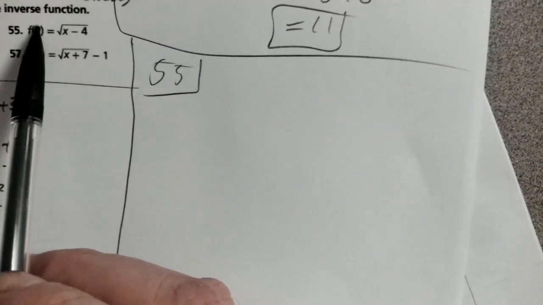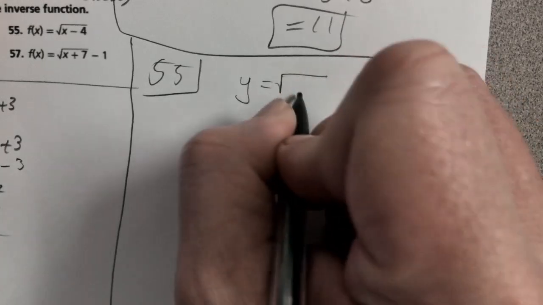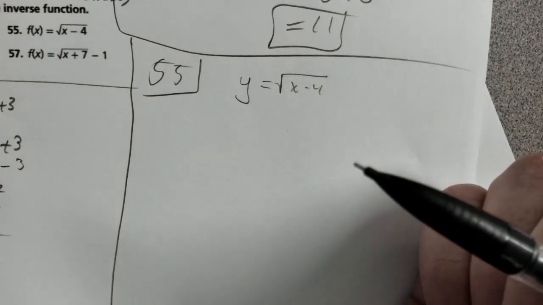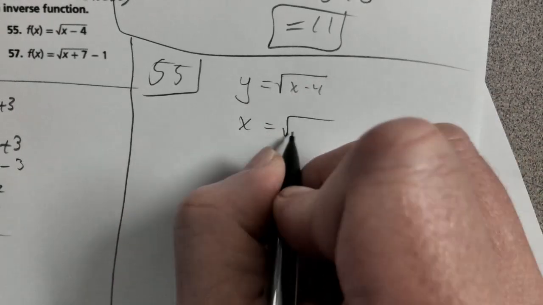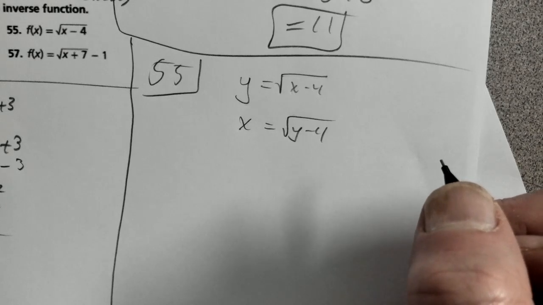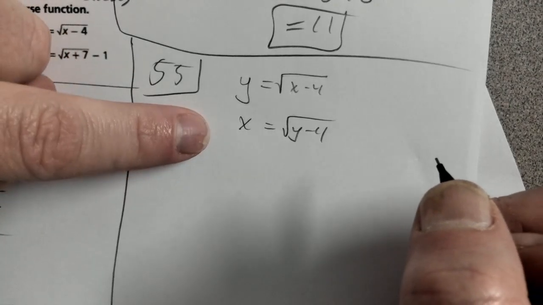All right, so dealing with this radical, we have y equals the square root of x minus 4. Switching now my x and my y. What do I need to do next?